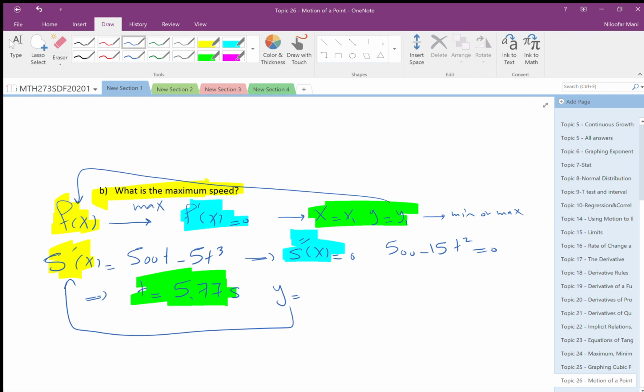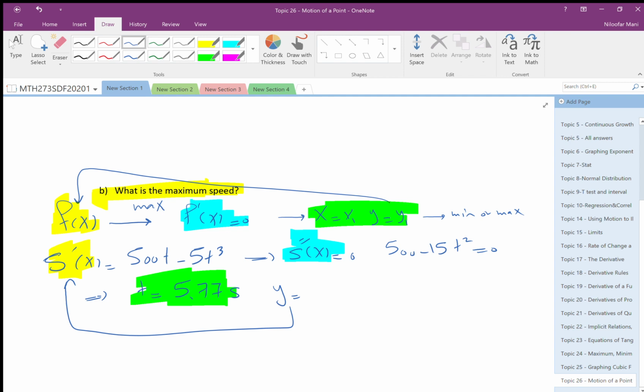So y is, I substitute. It's 500 times, so one more time I can find this divided by this.